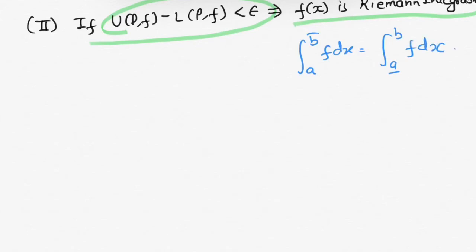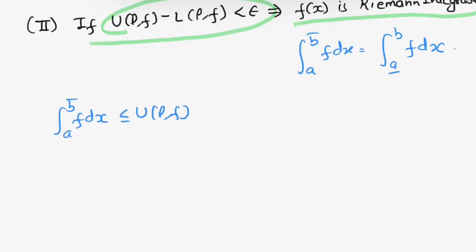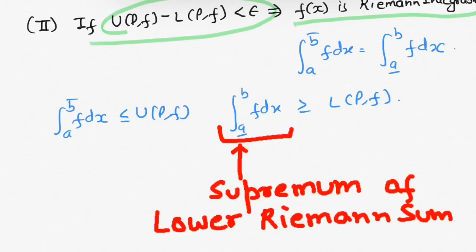We know that the upper Riemann integral will be less than or equal to the upper Riemann sum U(P,f), because the upper Riemann integral is the infimum of the upper Riemann sums, so it will be the minimum among the other upper Riemann sums. And the lower Riemann integral will be greater than or equal to the lower Riemann sum L(P,f), because the lower Riemann integral is the supremum of the lower Riemann sums.